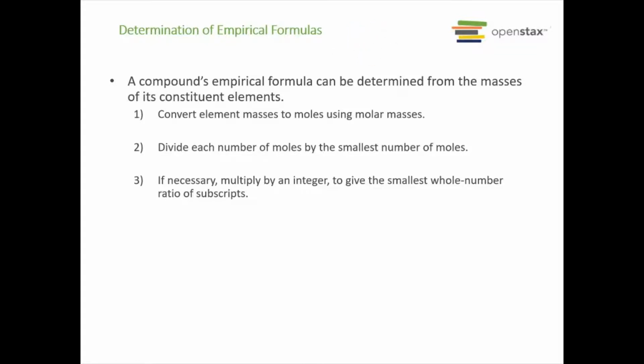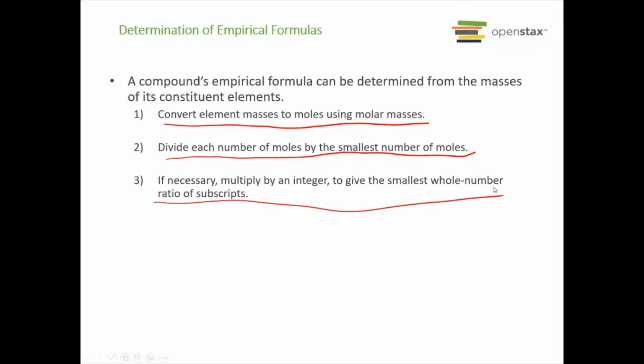We can figure out an empirical formula based off of the masses of the elements in it. So we start by taking the element masses and make them into moles, divide each number of moles by the smallest number of moles, and then if we need to, multiply by an integer to give the smallest whole number ratio. It sounds really complicated, but it's a lot easier when you see it in practice.